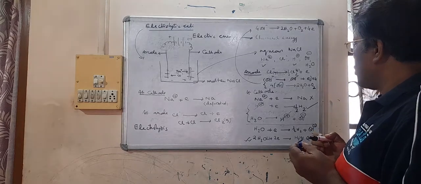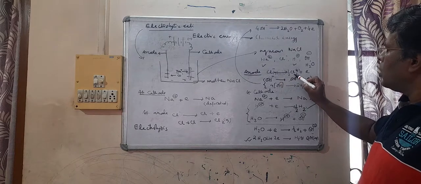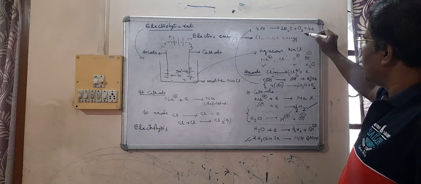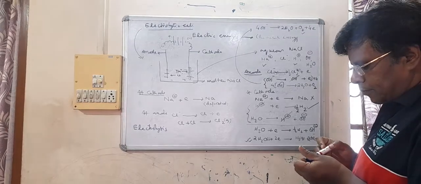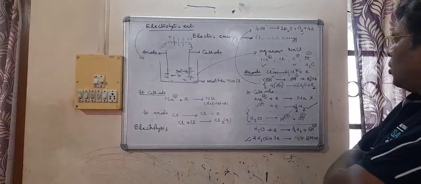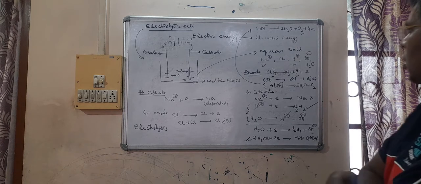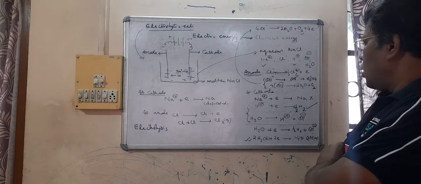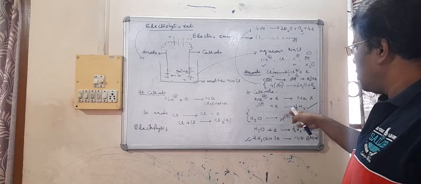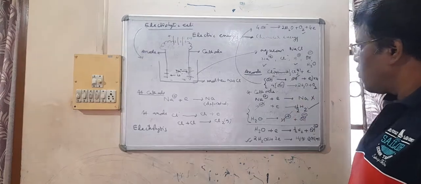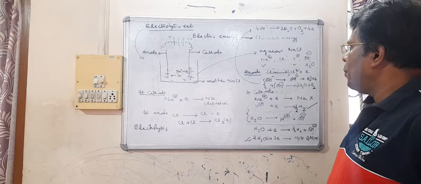So you see there are two possibilities. One is formation of chlorine, another is formation of O2. But which one will happen? Which one is going to happen? Now, at cathode we have seen, the one which has more reduction potential, that happens.